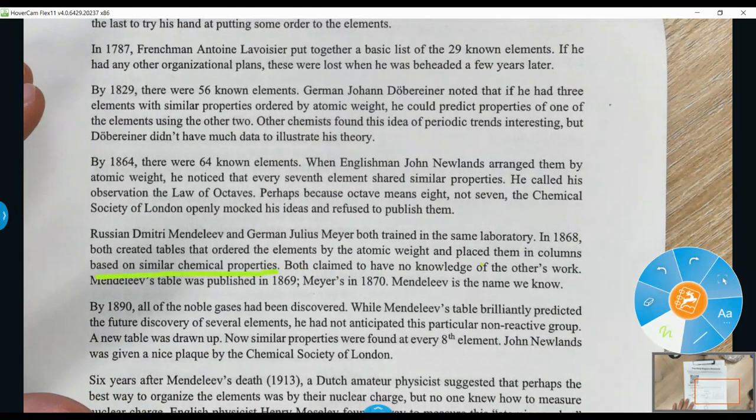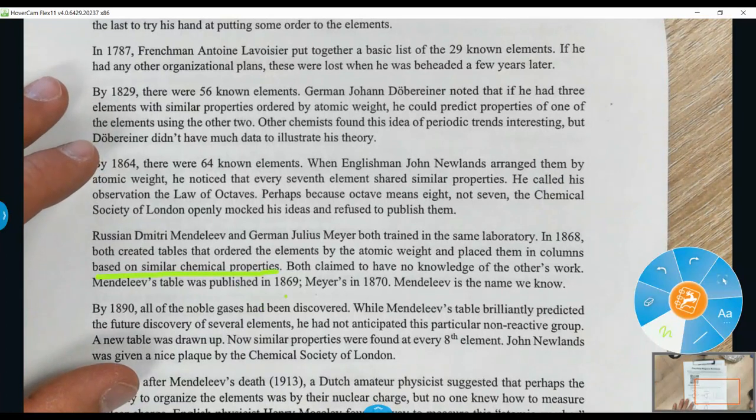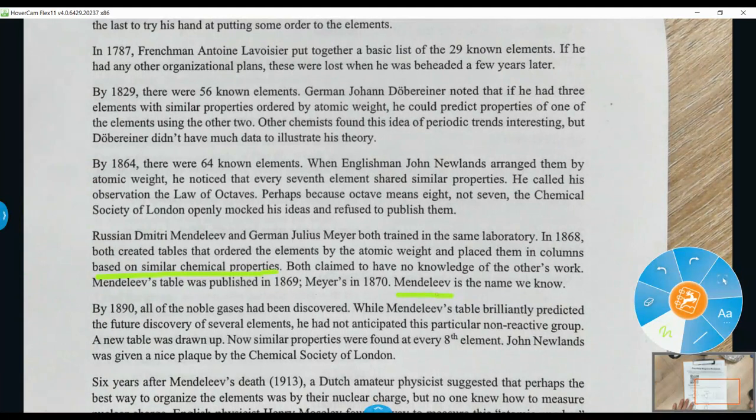Both claimed to have no knowledge of the other's work. Mendeleev's table was published in 1869, Meyer's in 1870. Well, guess what? This guy had a better publicist. We know him to be basically the father of the periodic table, not the other guy.